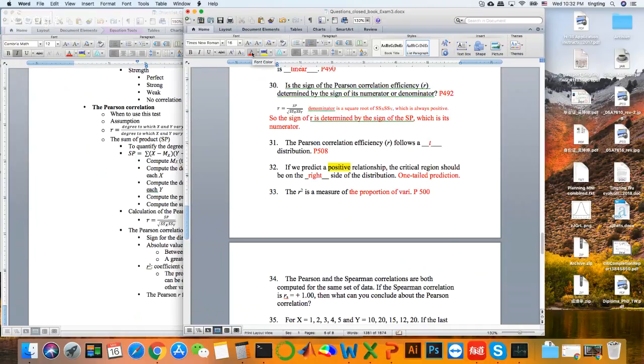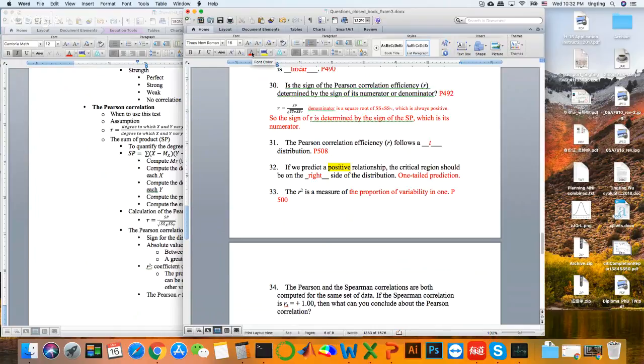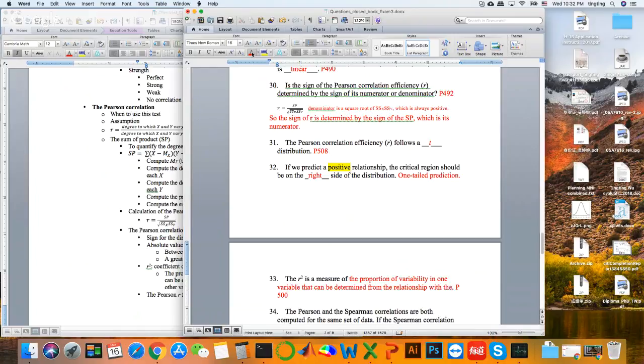This is the definition: the proportion of one variable that can be determined from the relationship with the other variable.